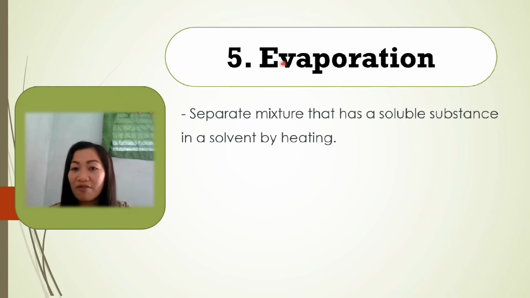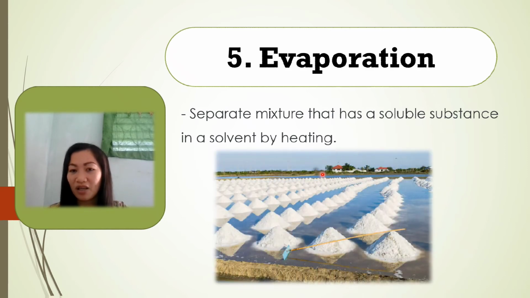So we use evaporation to separate the salt from the solvent, or from the water, by heating, by the use of fire. That is evaporation. We also do salt farming, where from the salt water we harvest the salt by heating through the sun.